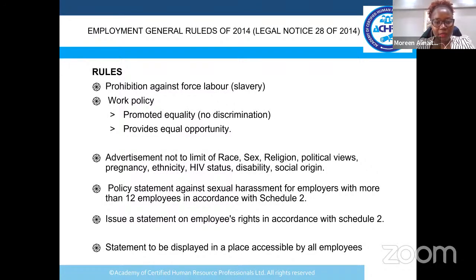We'll start with the prohibition against forced labor. The rules stipulate that no employer shall subject an employee to work under undue threat or inhumane conditions or to any form of slavery.